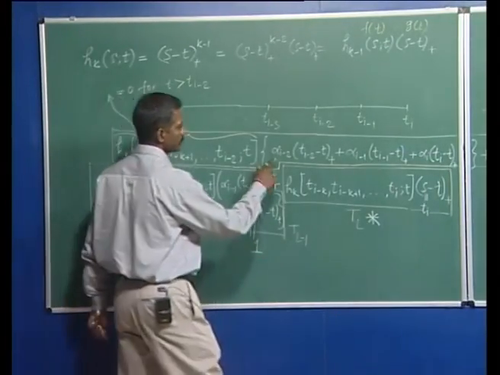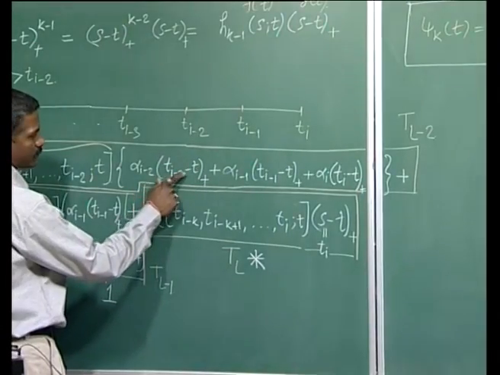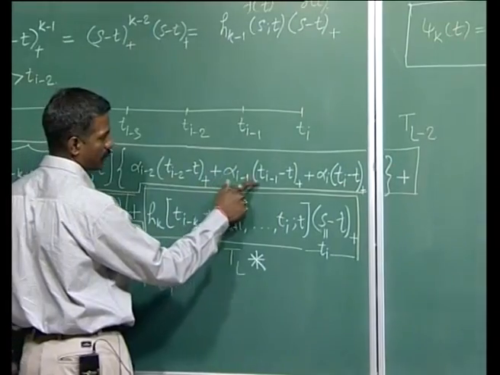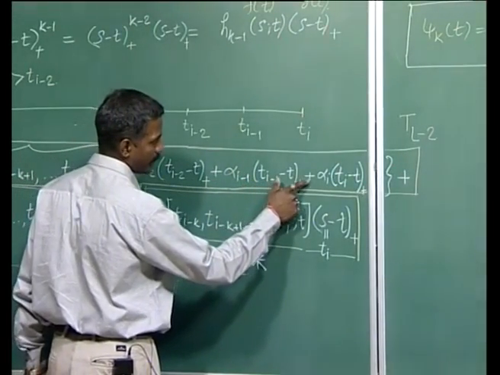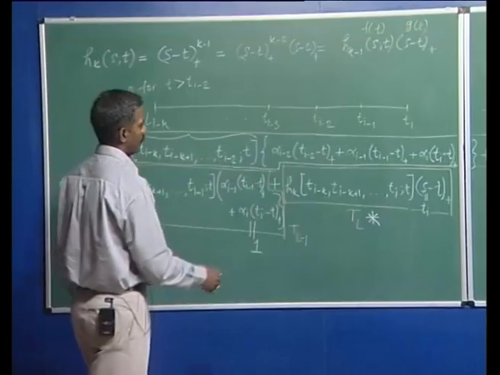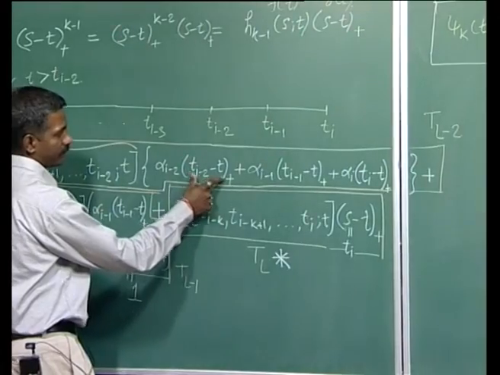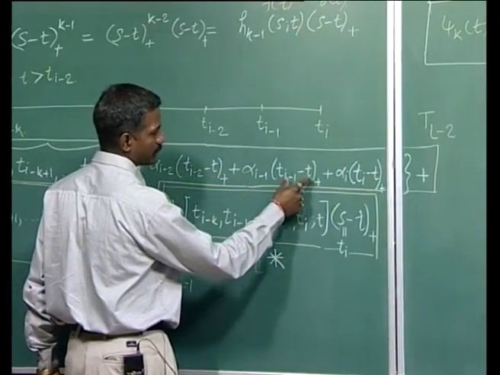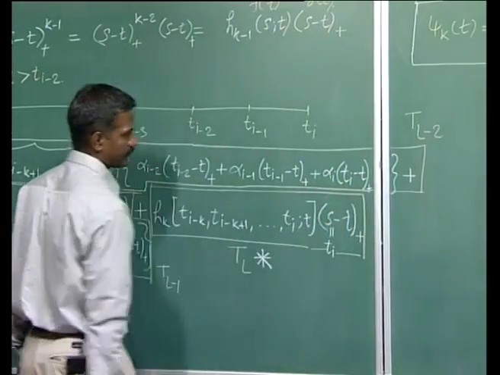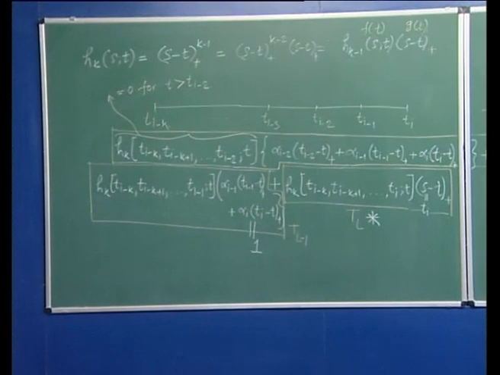What would happen to this term here? Alpha_{i-2} (t_{i-2} minus t) truncated plus alpha_{i-1} (t_{i-1} minus t) truncated plus alpha_i (t_i minus t) truncated. This term here will be positive, this term here will be positive, and this term here will be positive. So in a way, we are looking at the second divided difference of a pure linear polynomial.